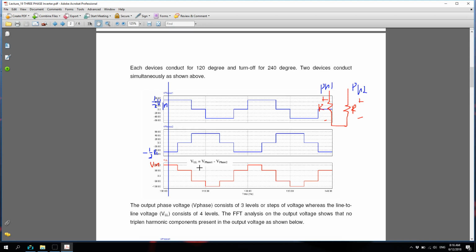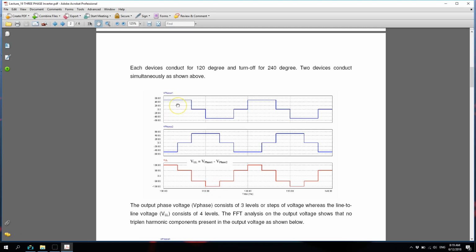So I hope you can trace all of these instances for a complete 1 cycle, and we can observe that for the phase voltage waveform it consists of 3 levels, 1, 2, 3 levels, and for the line to line voltage it consists of 4 levels of voltage, 1, 2, 3, 4.